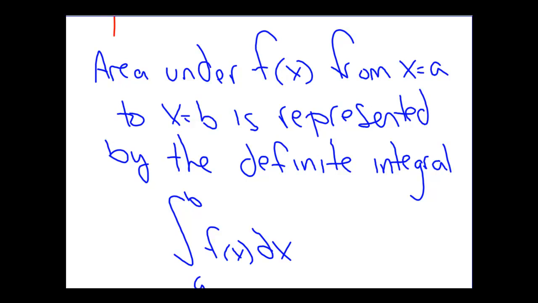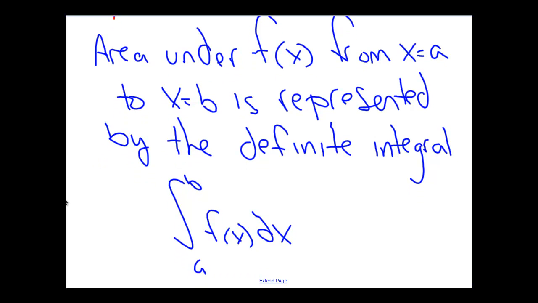Now this is the area bounded by those objects there, the integral from a to b of f of x dx. And of course we have looked at a few examples of these integrals already as we have confirmed our results from Riemann sums, but I want to now talk about some properties of the definite integral.